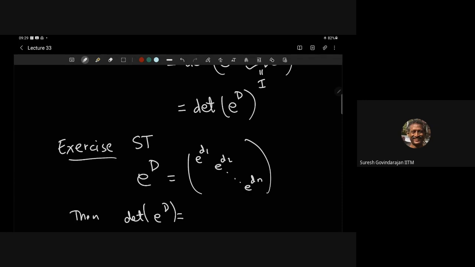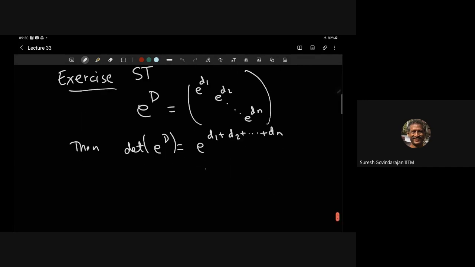Somebody? e raised to d1 plus d2 up to dn. But how are d1, d2, dn related to the matrix A? They are the eigenvalues. d1 to dn are the eigenvalues. So this is e raised to the sum of all the eigenvalues. This again we know.